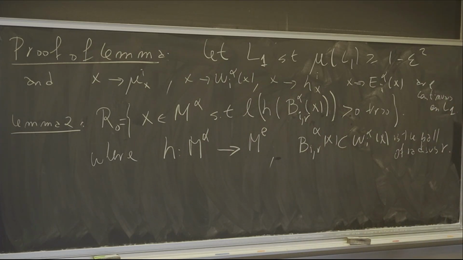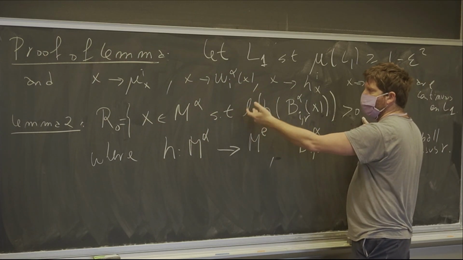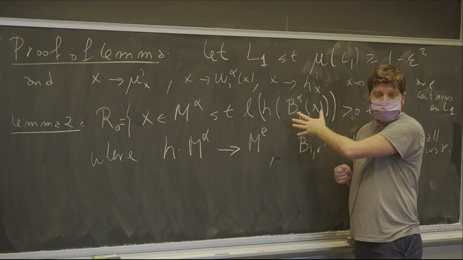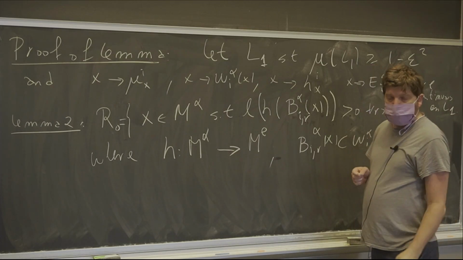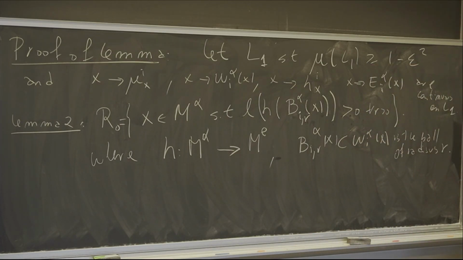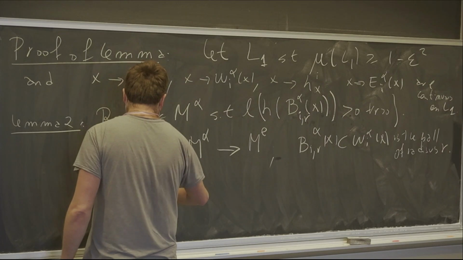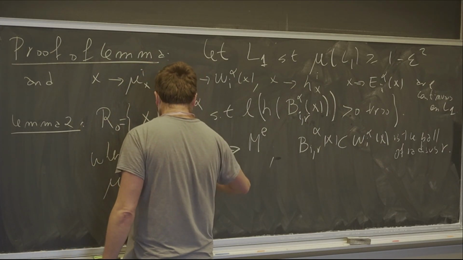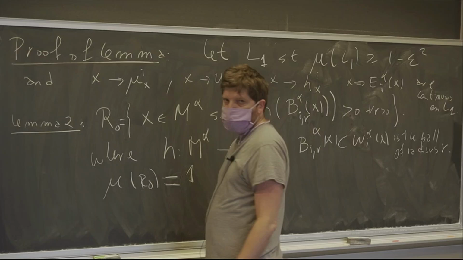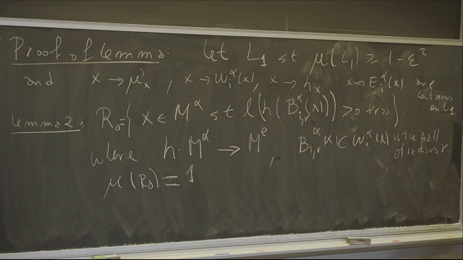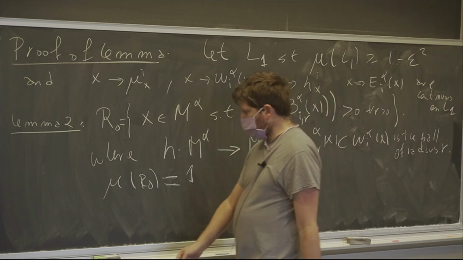It's a topological statement. So even though it looks very geometric because there is a length here and there is an arc here, it's a purely topological statement. Okay, but I still didn't say anything. I define a set. I have to say something about this set, and the statement is that mu of R naught is not 0, 1. So almost every point does it. Now the proof.